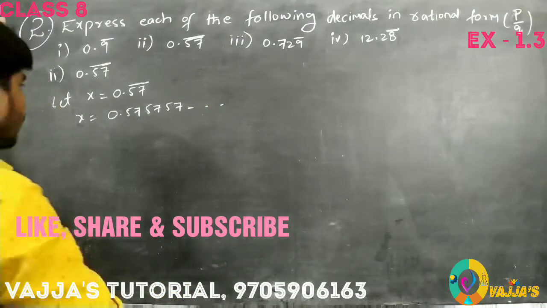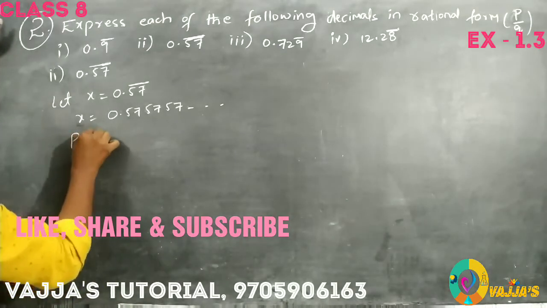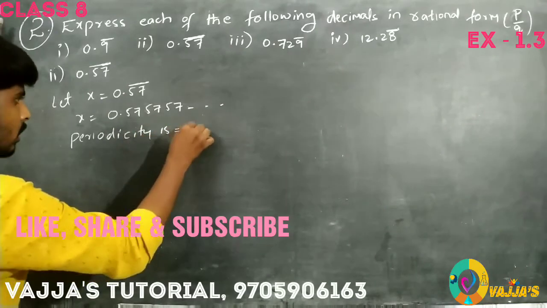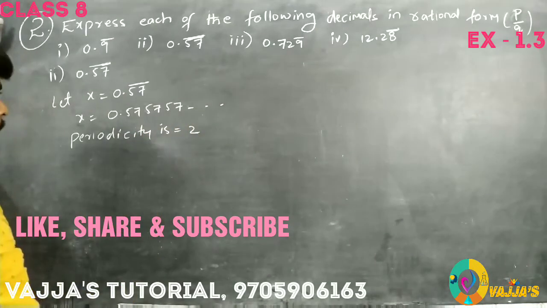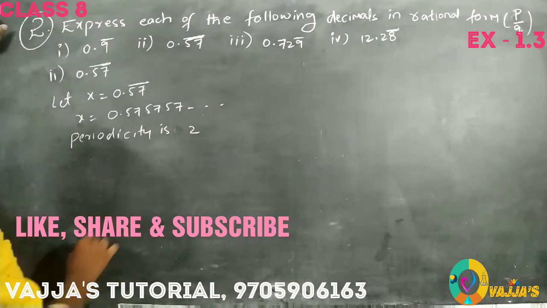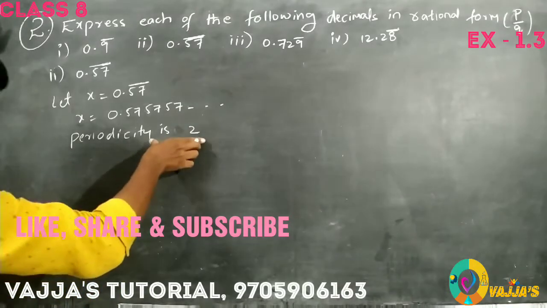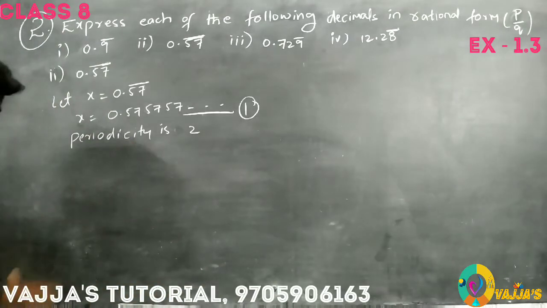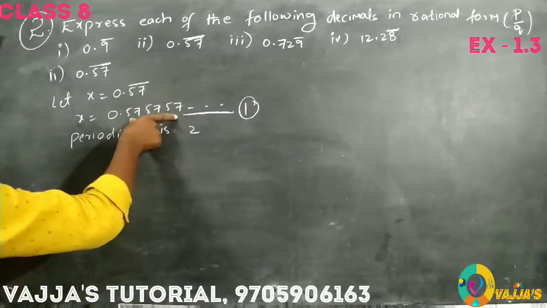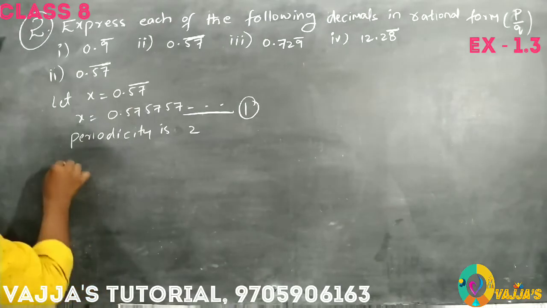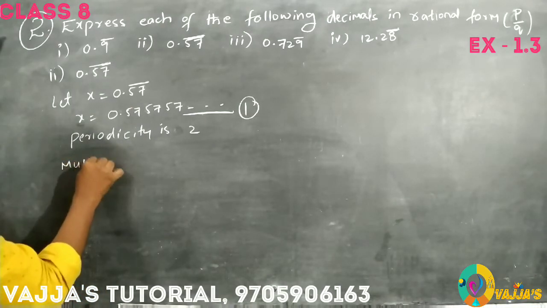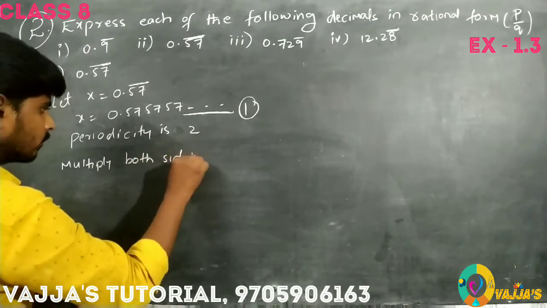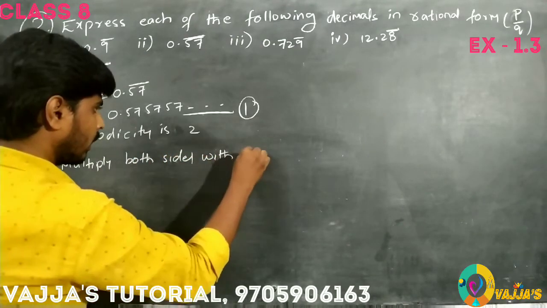What is the periodicity here? Periodicity is equal to 2, isn't it? So periodicity is 2, that is why I am going to multiply equation 1 with 100. So multiply both sides with 100.